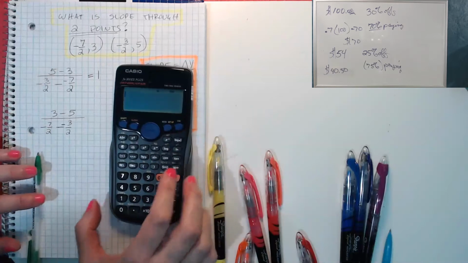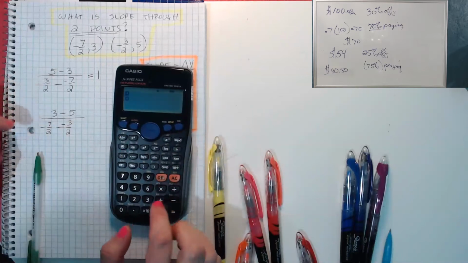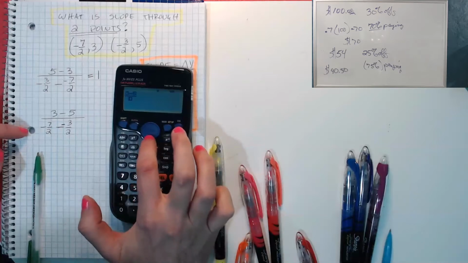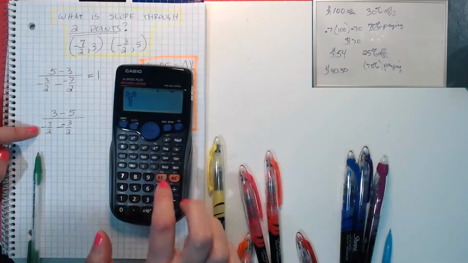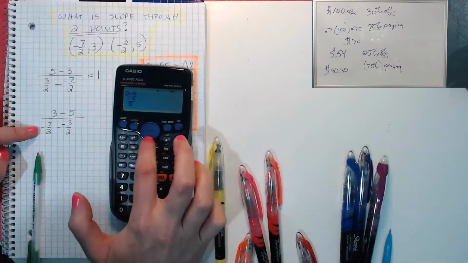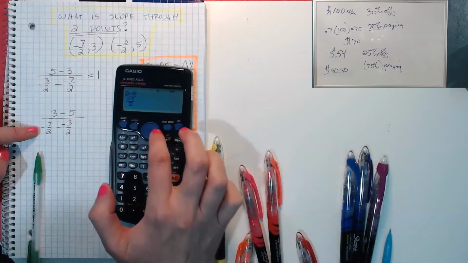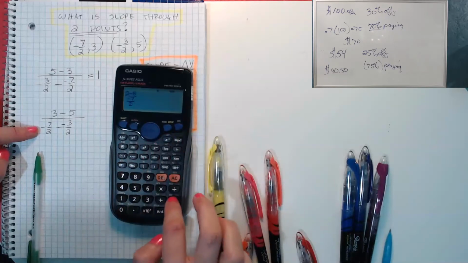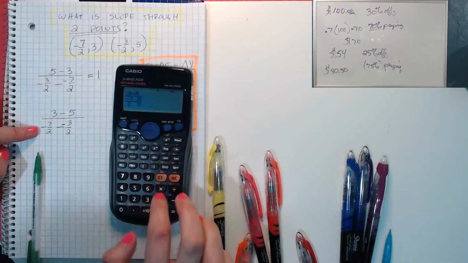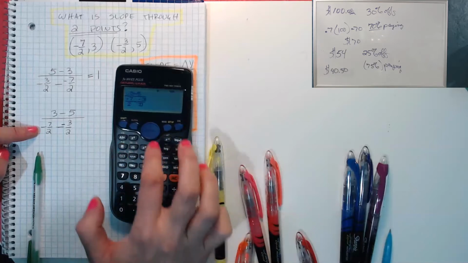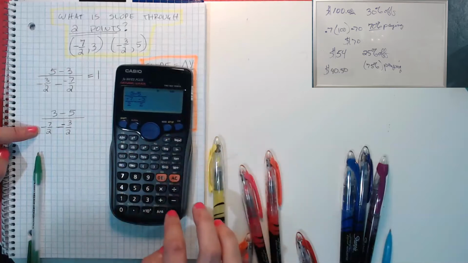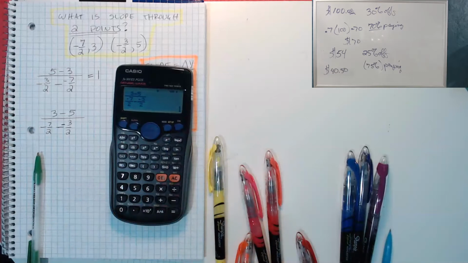Okay, so fraction button, 3 minus 5 down, fraction button, negative 7 down 2 over minus fraction button, negative 3 down 2, right, equals 1.